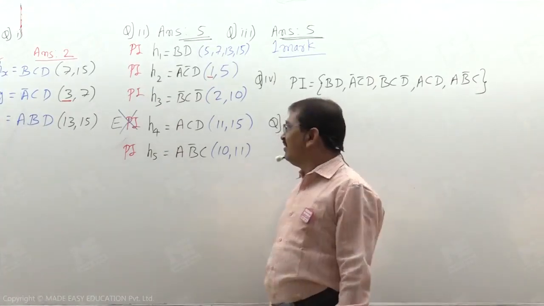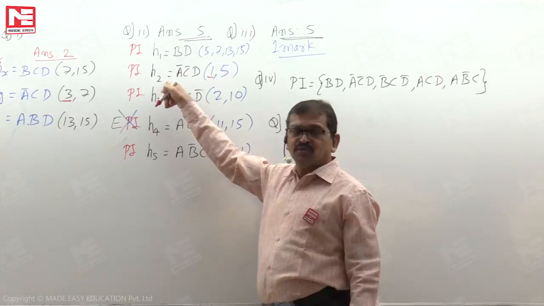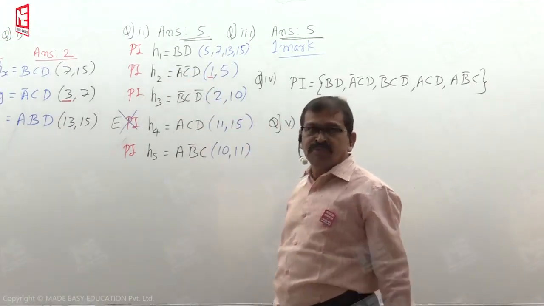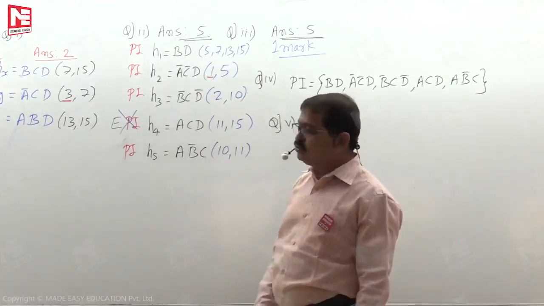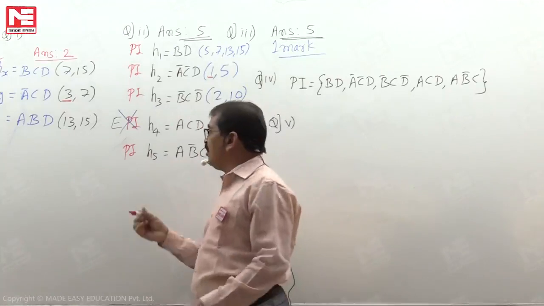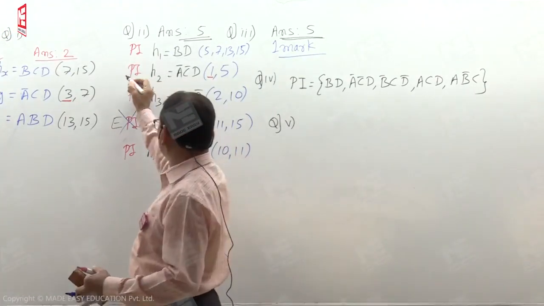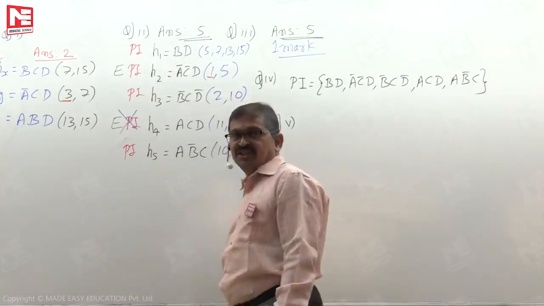In other words, minterm 1 is exclusively covered by the product H2. Based on this, as far as the coverage of minterm 1 is concerned, the product H2 is an essential prime implicant.